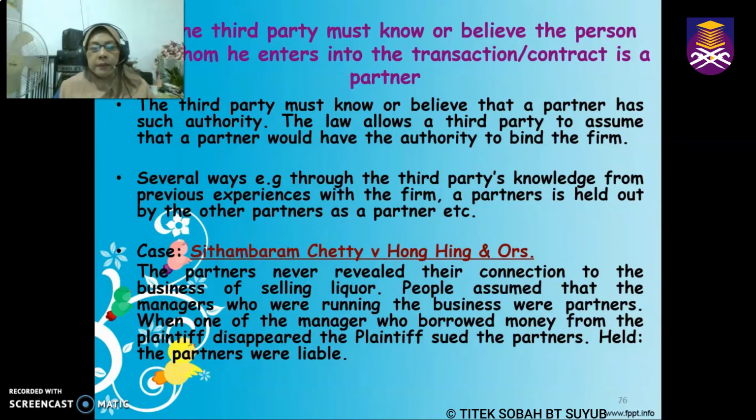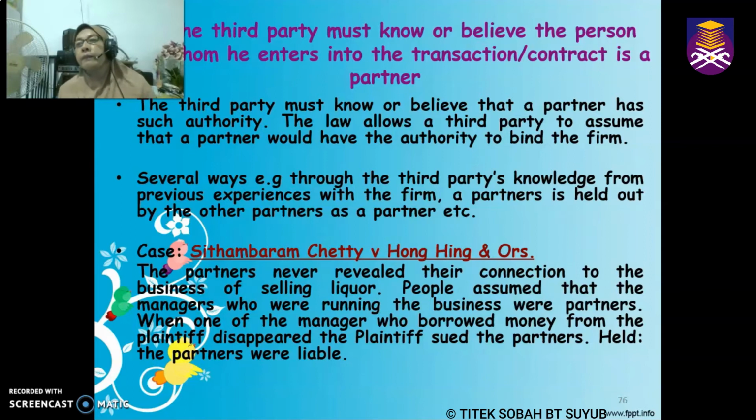To understand this further, let us have a look at the case of Sitambaram Chetty versus Hong Hing and others. In this case, the partners never revealed who the partners of the business were. This is a business of selling liquor, and all the transactions were done by the managers, who ran the business.